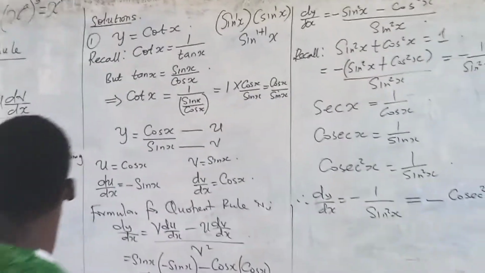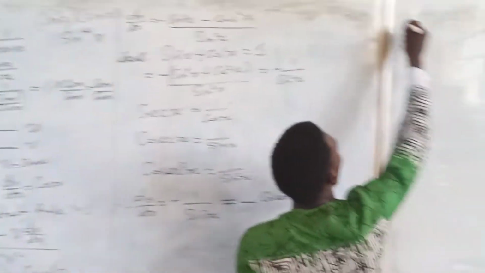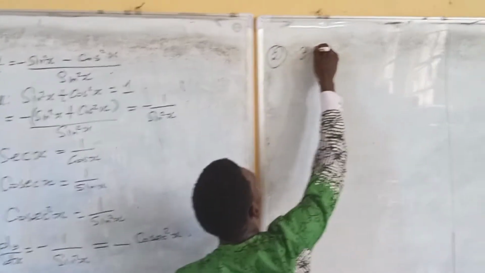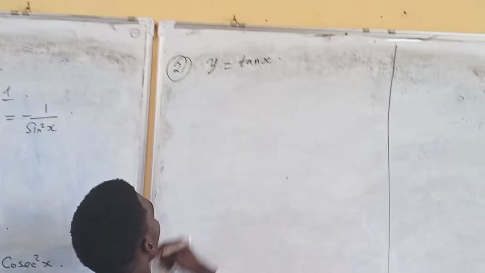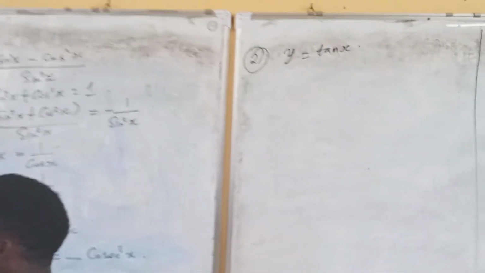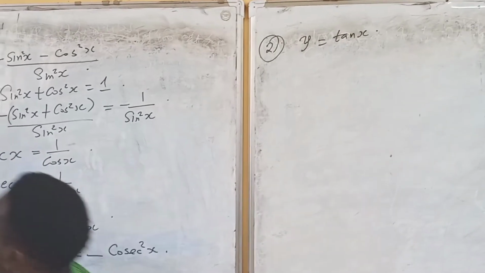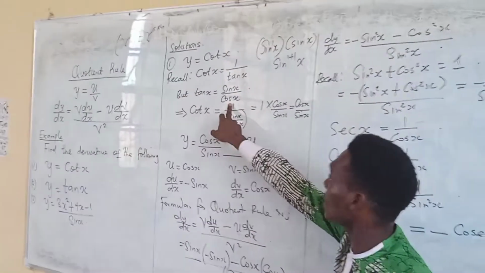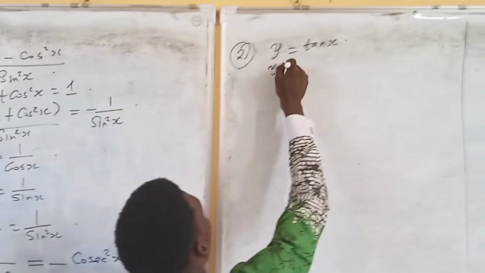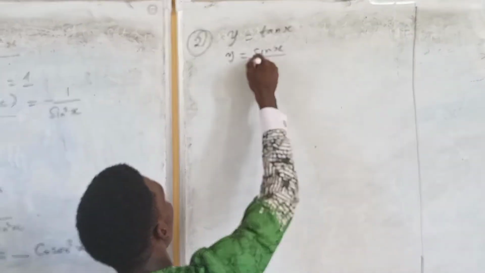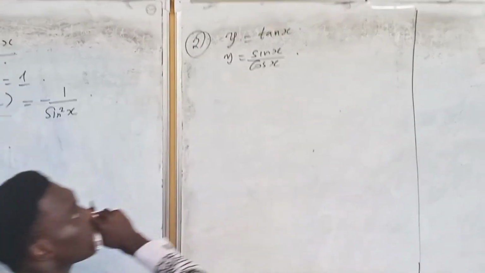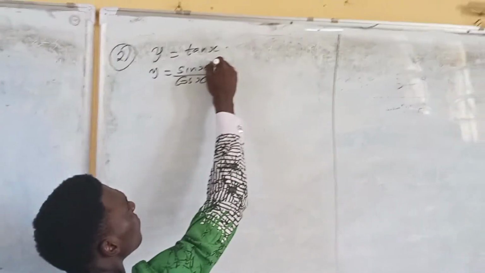Now we move on to the second example, which says y equals tan x. In the previous example, we said tan x can be written as sin x over cos x. So y is sin x over cos x. Apply the same thing.